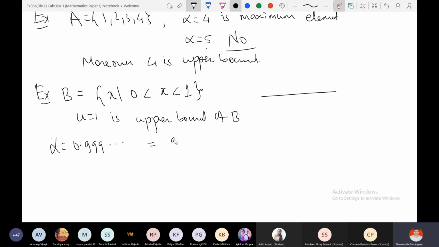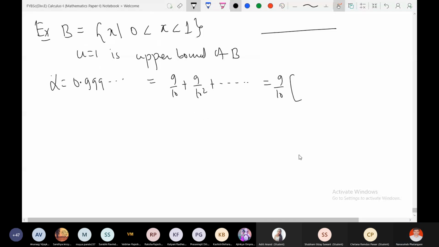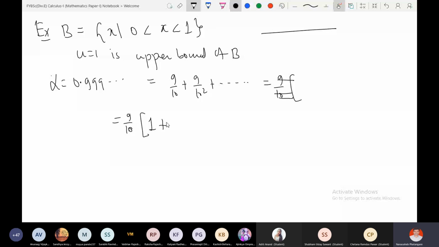What is this? 9 by 10 plus 9 by 10 square and so on. If I take 9 by 10 common, what do I get in the bracket? Tell me what is in the bracket. 1, am I right? Plus, what is the next term?